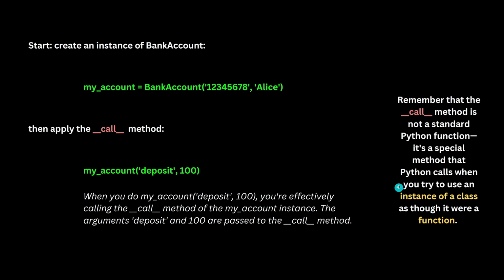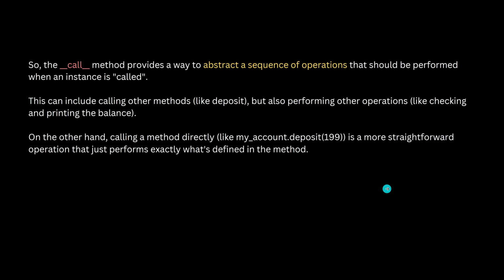Beautiful. Remember that the call method is not a standard function. It is a special method that Python calls when you try to use an instance of a class as a function. So the call method provides a way to abstract a sequence of operations that should be performed when an instance is called. You can include calling other methods, I showed you.